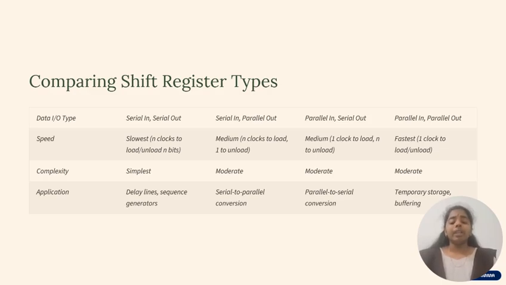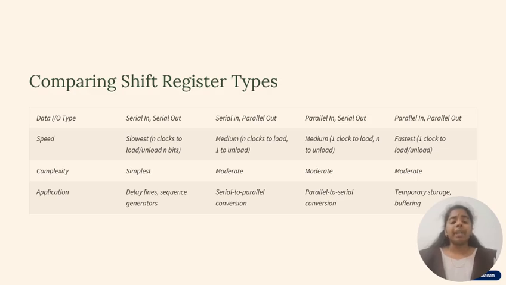Serial in parallel out is medium. Parallel in serial out is also medium, as it takes clocks to load and unload. Parallel in parallel out is faster. Complexity: serial in serial out is simplest, and the other three are moderate.